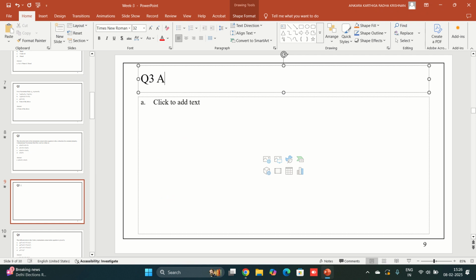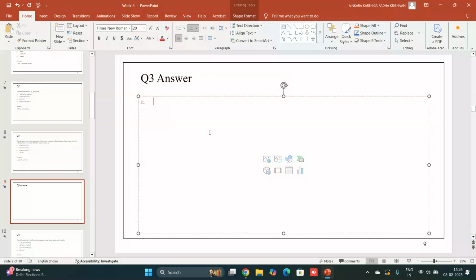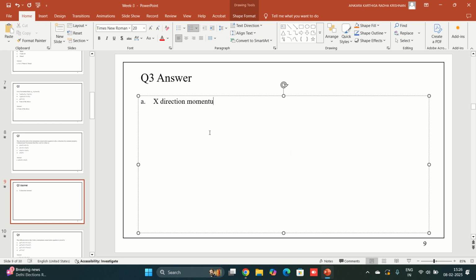Question 3. Answer. X direction momentum conservation equation in 2 dimension.